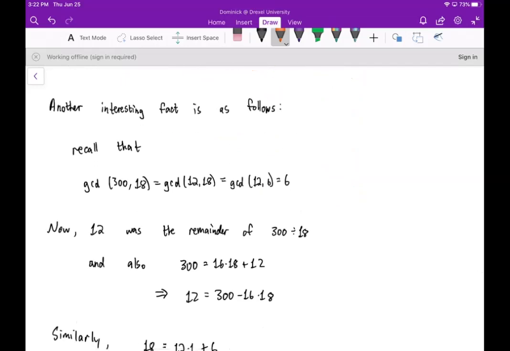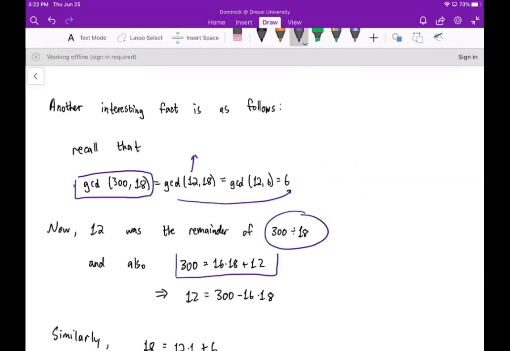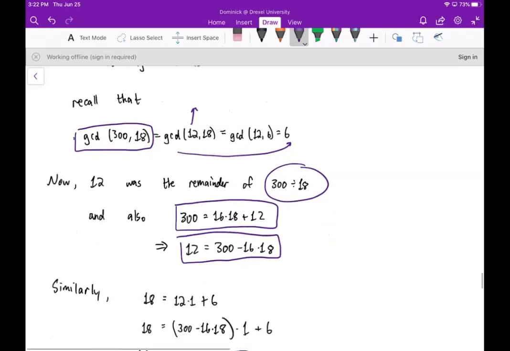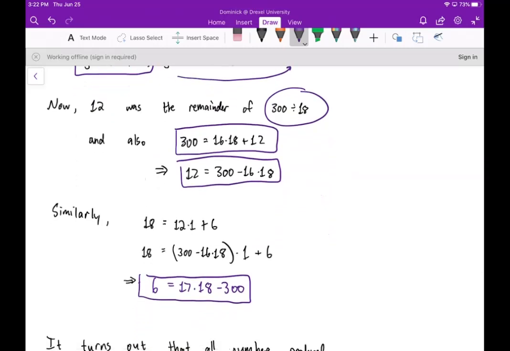Okay, now another interesting fact is the following. We found that the GCD of 318 and 300 eventually was 6, right? Now, where did this 12 come from? 12 was the remainder of 300 divided by 18. So we could write 300 is equal to 16 times 18 plus 12. Rearranging this, we could say that 12 is equal to 300 minus 16 times 18. And a similar thing for 18: we know that 18 came from 12 times 1 plus 6.